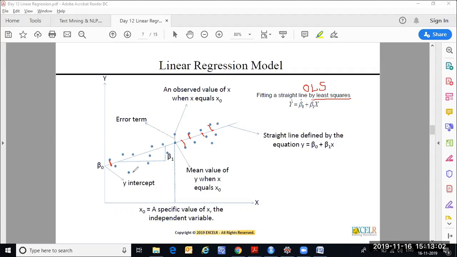The difference of the actual values and the predicted values on the line, let's say if this is the relevant data point on the line, the difference of these two is nothing but the error that I am making towards my prediction. Am I clear with this slide, friends? The technique based on which the best fit line is selected is OLS, ordinary least square technique.